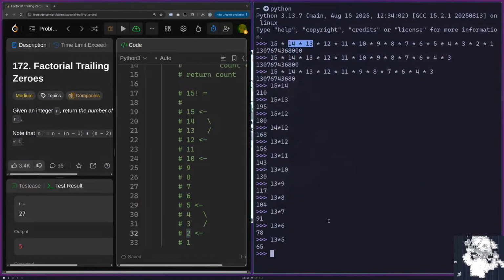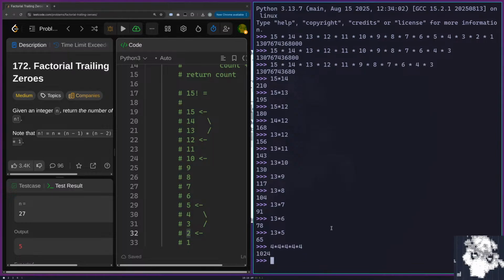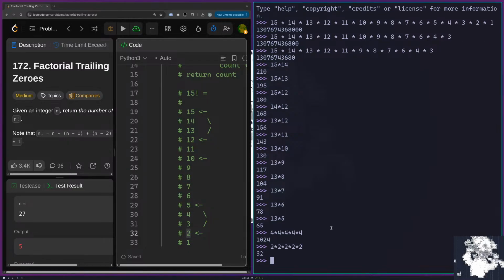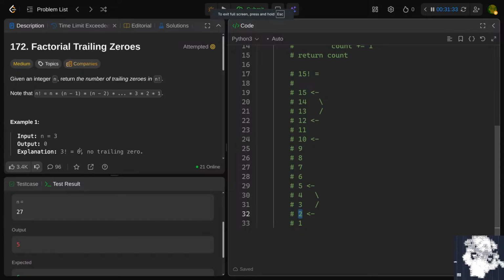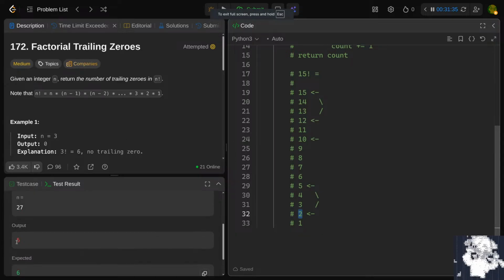Is that even true? It's not true. But 2 times 2 times 2 times 2 times 2 is. No, 2 plus 2 plus 2 plus 2 is, not times 2. Where's this extra 0 coming from?